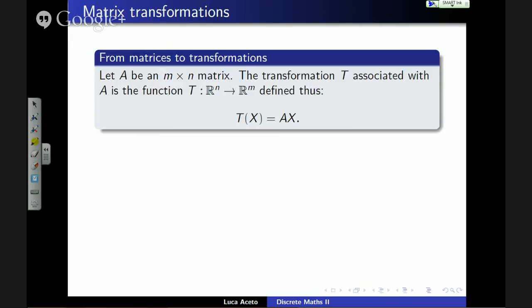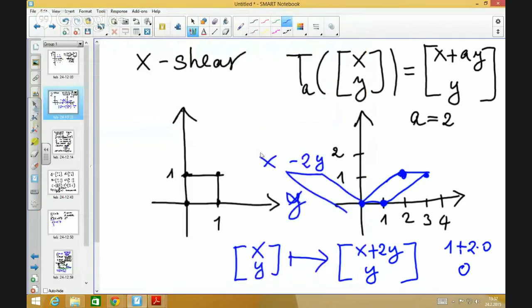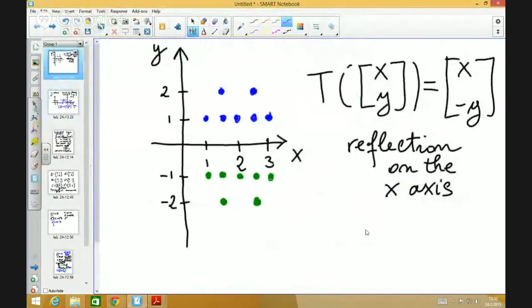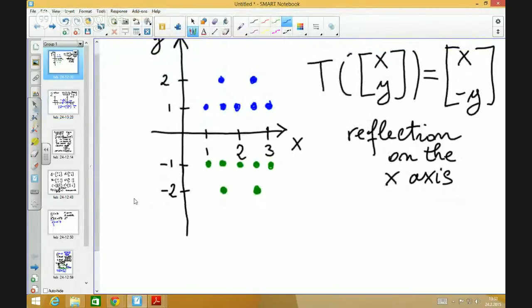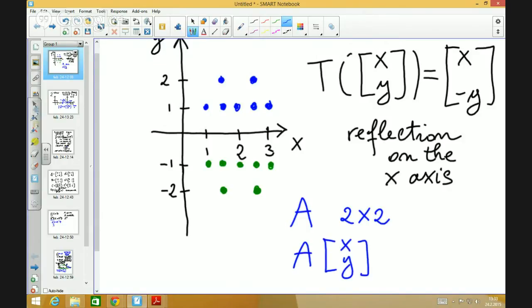So let's look at some more interesting transformations, shall we? For instance, the ones we were looking at before. Let's look at this one: reflection on the x-axis. Do you think this transformation is a matrix transformation? In other words, is there a 2x2 matrix A such that A times (x, y) is going to be (x, minus y)?